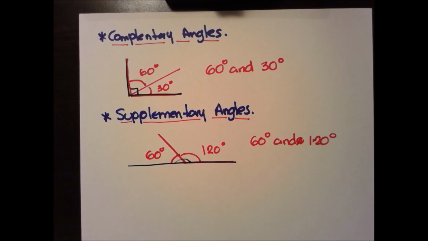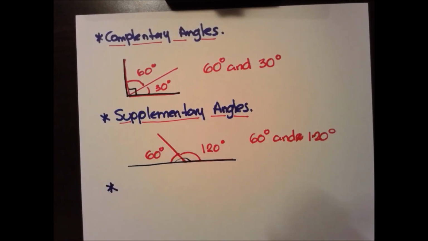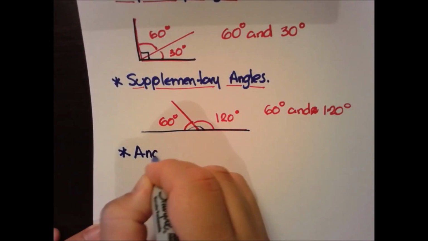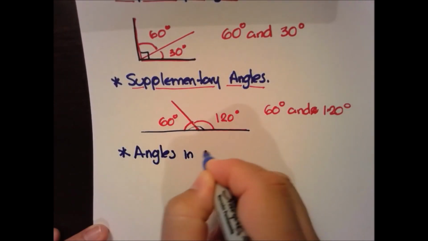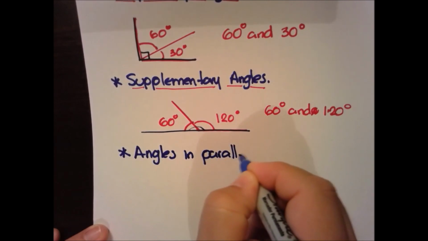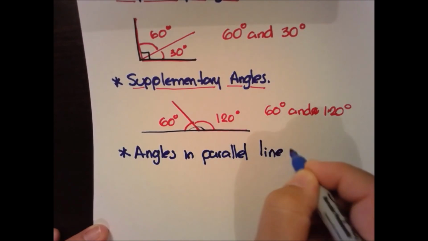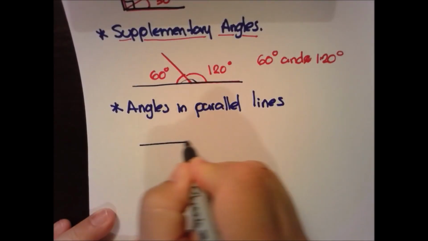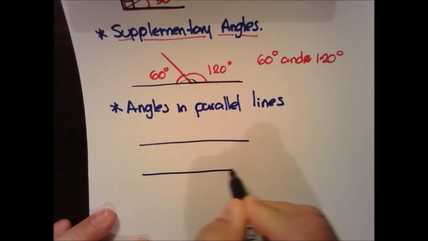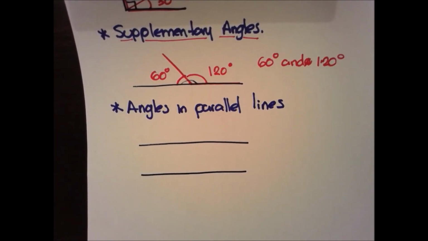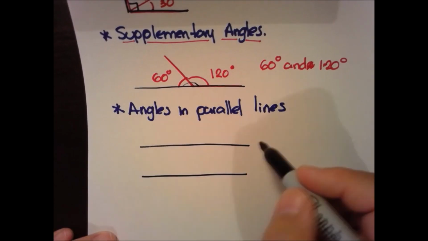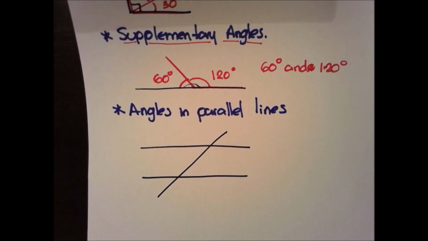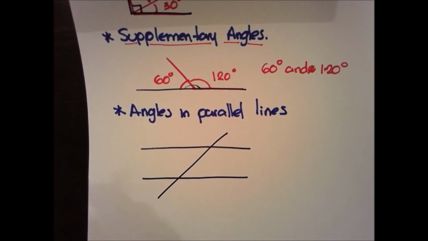Another characteristic that we need to talk about is what happens when we have angles in parallel lines. Look at this. If you have one line, and then another parallel line, and then an extra line that is not parallel to them, what is going to happen? Well, in that case, a lot of important things happen that you need to see.